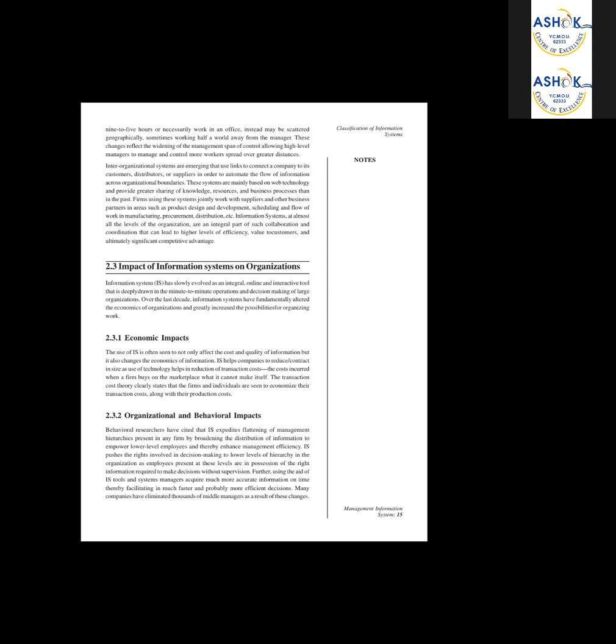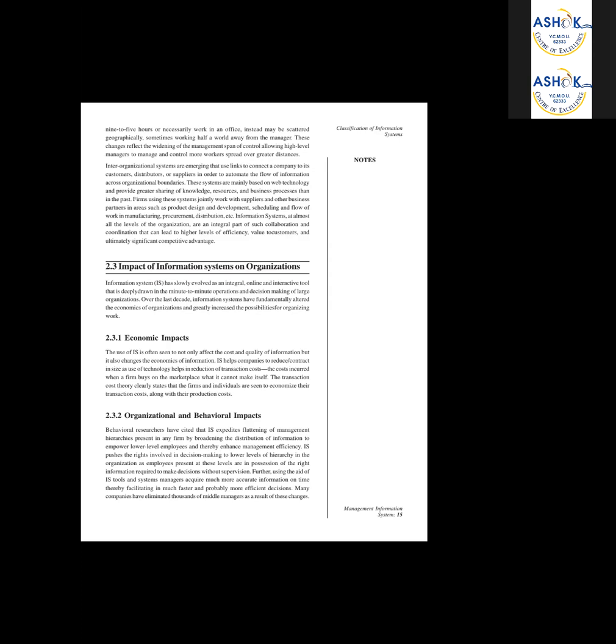The cost incurred when a firm buys on the marketplace what it cannot make itself. The transaction cost theory clearly states that firms and individuals seek to economize their transaction costs along with their production costs. Second, organization and behavioral impacts.